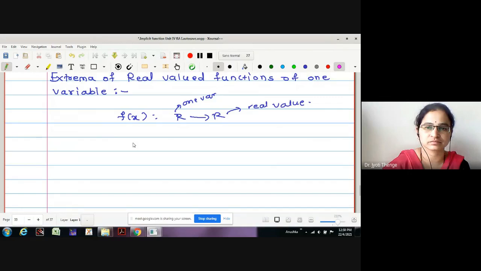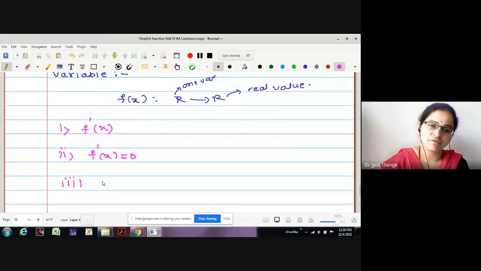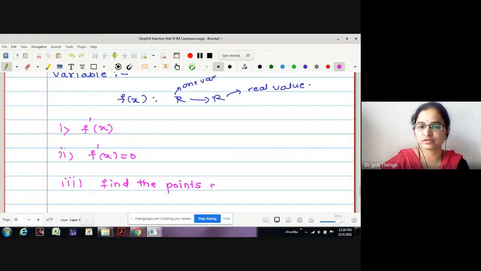what were we doing for finding the extrema, stepwise process. First step, we were finding f'(x). Number 2, equate f'(x) to 0. Number 3, find the points at which f'(x) is equal to 0, say x is equal to c.